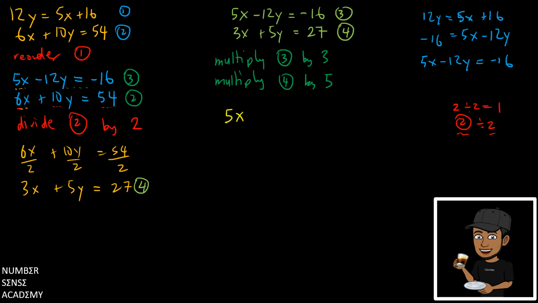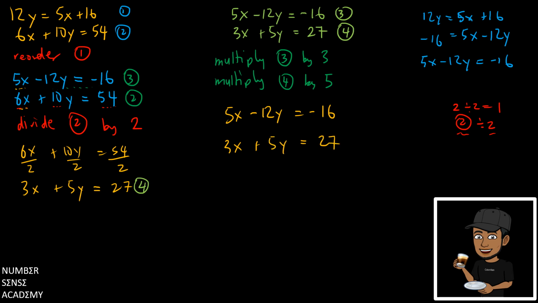So what I have is, I'm going to write it this way, and you could write this however way you want. So if I have 5x minus 12y equals negative 16, and I have 3x plus 5y equals 27.